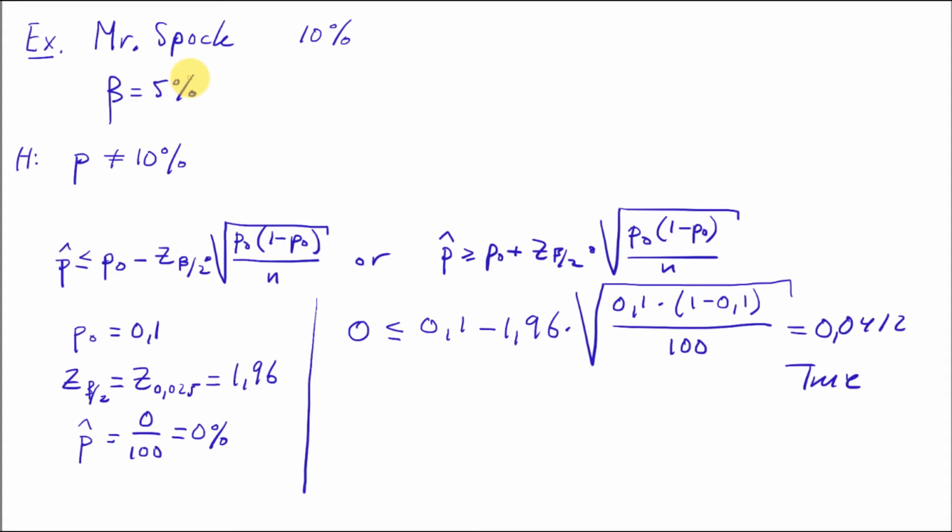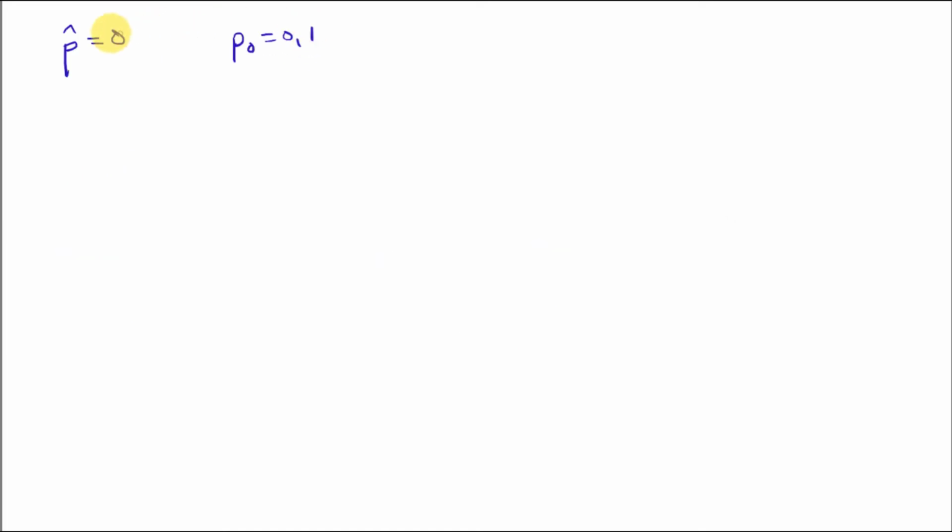He can also calculate the p-value. Note that the estimate of p deviates from p0 by 0.1. So you want to investigate the probability to get an estimate that deviates with plus or minus 0.1 from 0.1. So we get contributions to the p-value of both sides of p0.